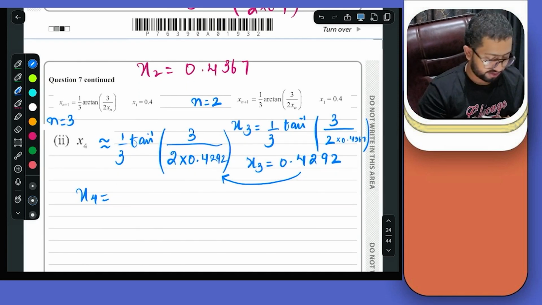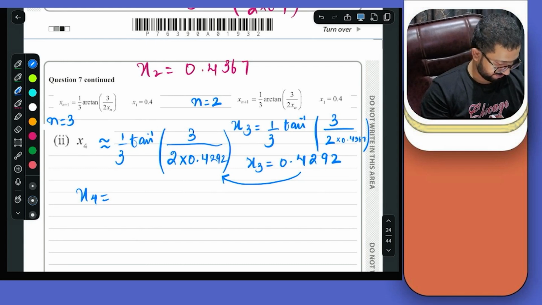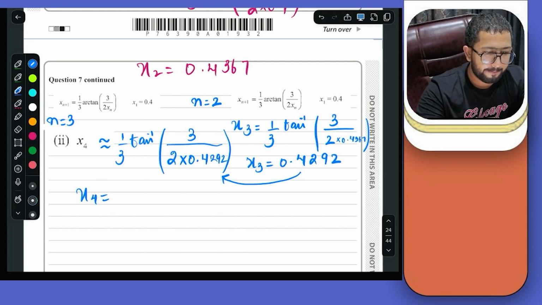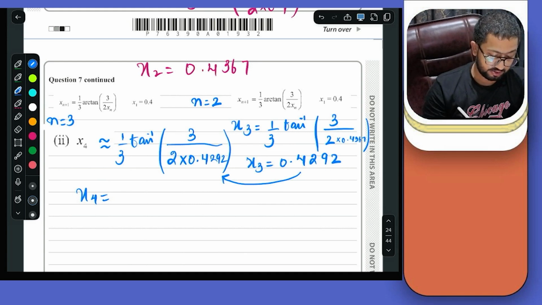This is an approximate estimate. Perfect. So x4 is 0.4307.